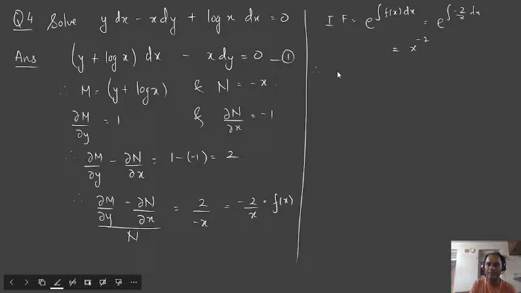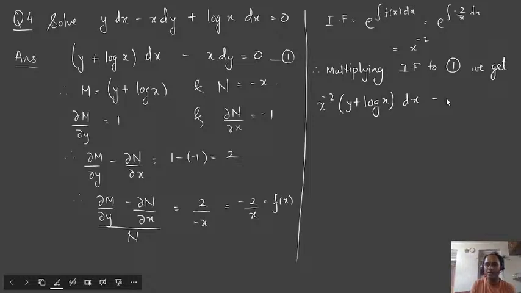Therefore, multiplying IF to 1, we get, well, what do we get? Let us see. x raised to minus 2 into y plus log x dx minus x raised to minus 2 into x dy.